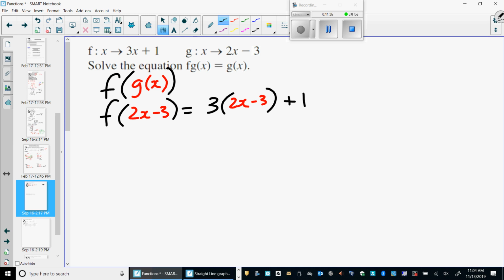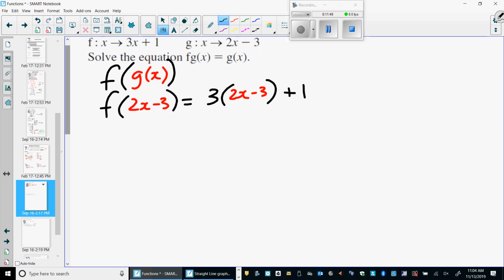Layla? Why are you using the f if it's the g in this? Beg your pardon? Why am I using this one instead of this one? No, why are you using, like when it says equals 3 bracket 2x, is that the f? Yes, so here my function f says 3x plus 1.